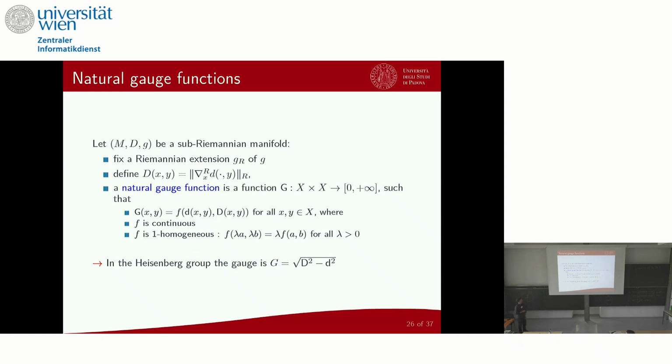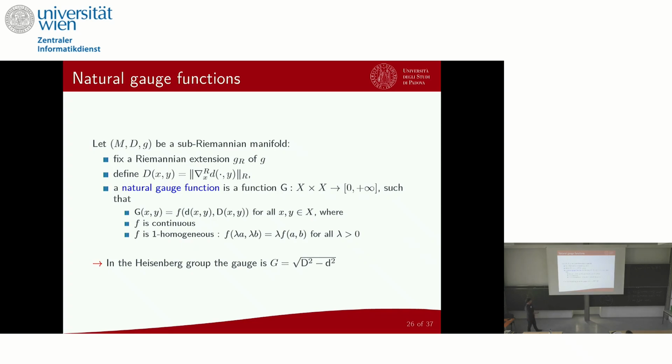You should think that the sub-Riemannian distance is related somehow with the horizontal gradient, right? So this capital D is a sort of small d, but bigger. This is why it's named capital D, because it contains the full gradient, right? And we call a natural gauge function any function of these two objects, the distance and this capital D, which is continuous and one homogeneous.